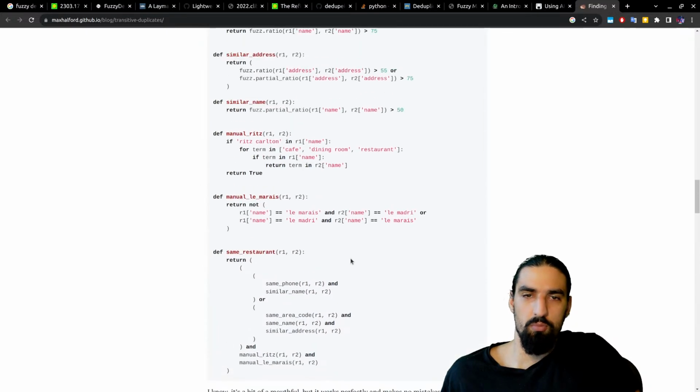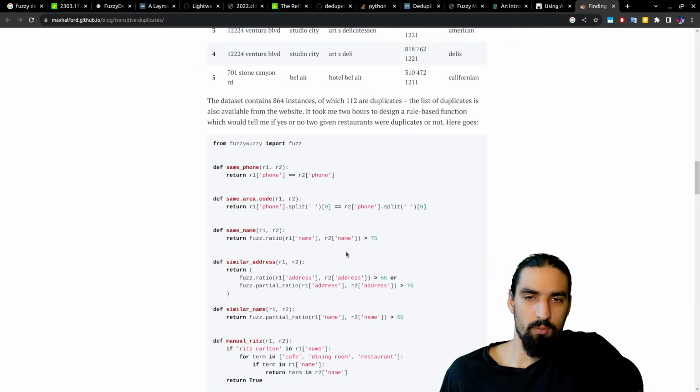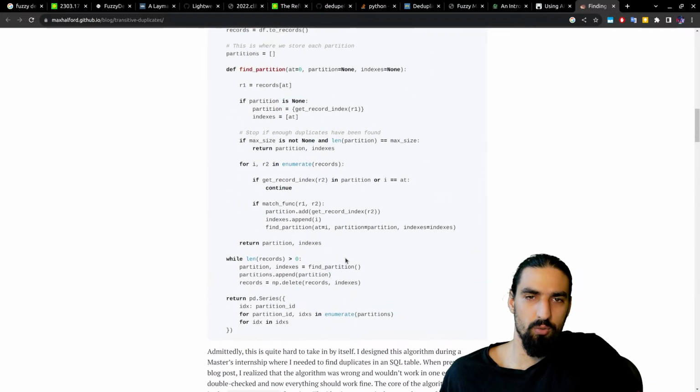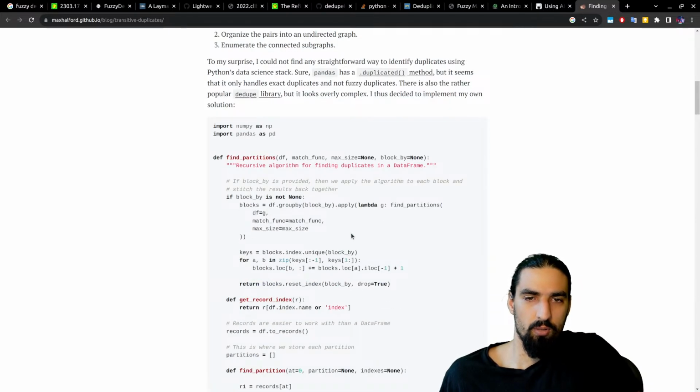Okay, so he just built some heuristics here, and then he plugged that into this algorithm of his using pandas.